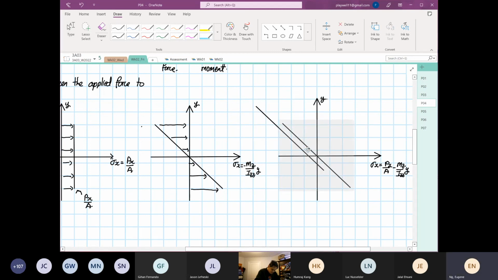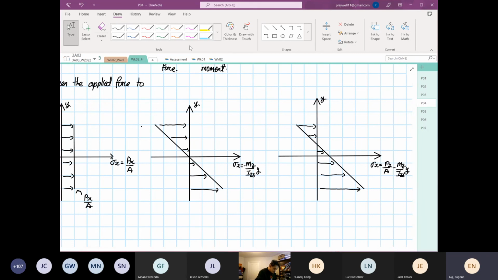This is initially, and then it shifts over here. This is your compression, and this is your tensile. The position of the neutral axis has now shifted.